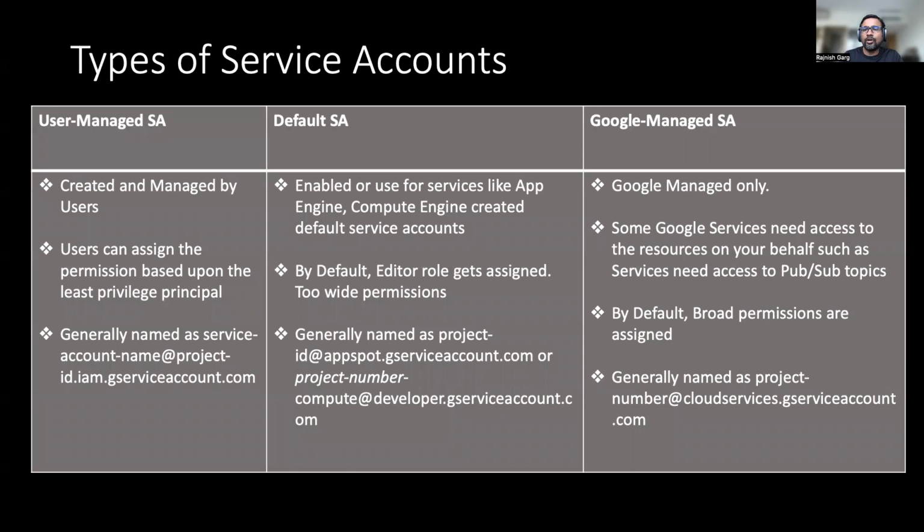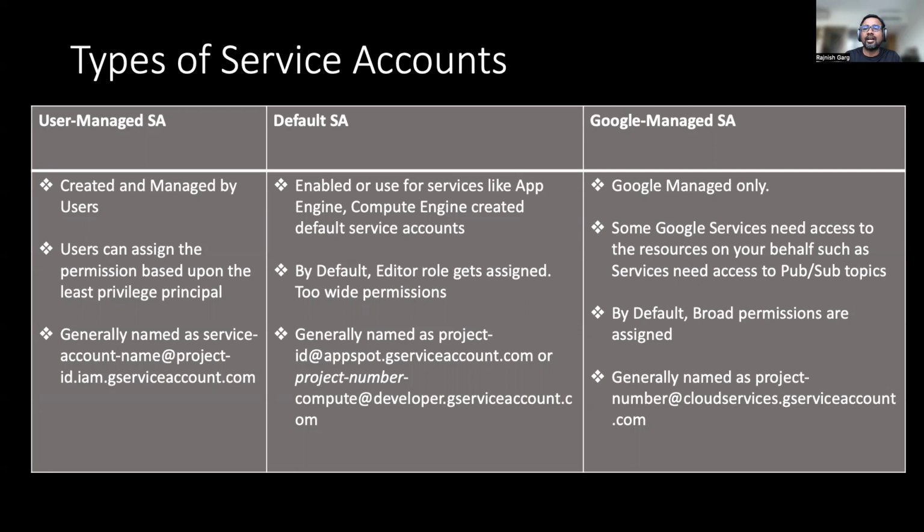Then let's look into the different types of service accounts present in Google Cloud. The first category is called user-managed service account. As the name suggests, it is fully created and managed by users.